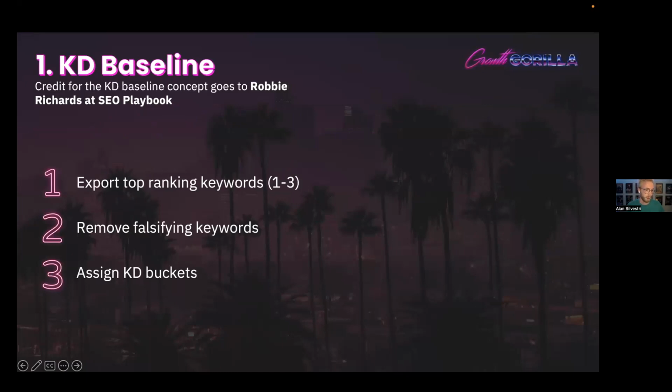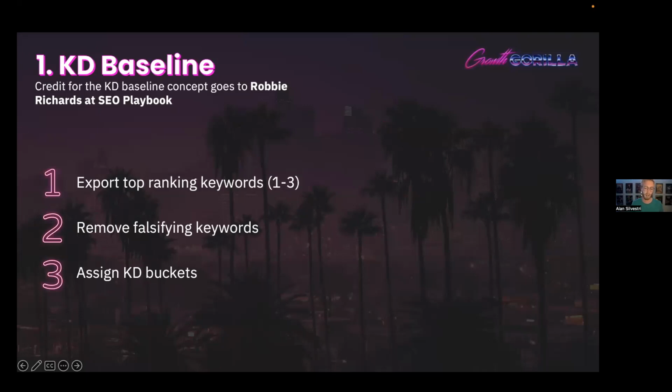So, keyword difficulty baseline. First off, this is a concept that was created by Robbie Richards at the SEO Playbook. So credit for this goes to him. So the keyword difficulty baseline, what is this? It is a concept to essentially visualize your site strength as it is right now, okay?